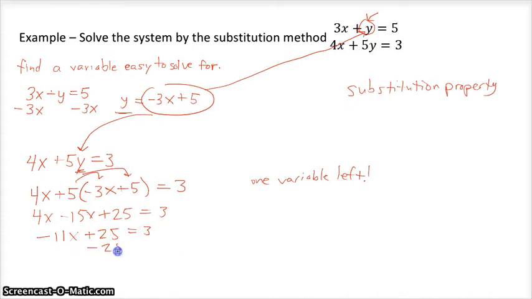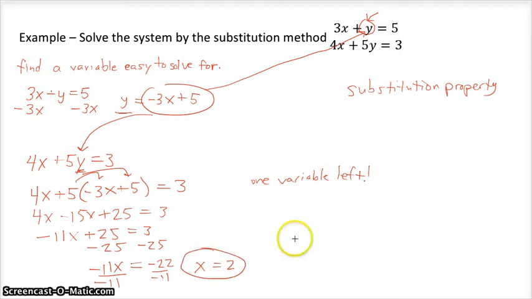I'm going to subtract the 25 over to the other side. So I get negative 11x equals negative 22. Divide by negative 11, and I get x is equal to a positive 2. So that's what x is equal to.